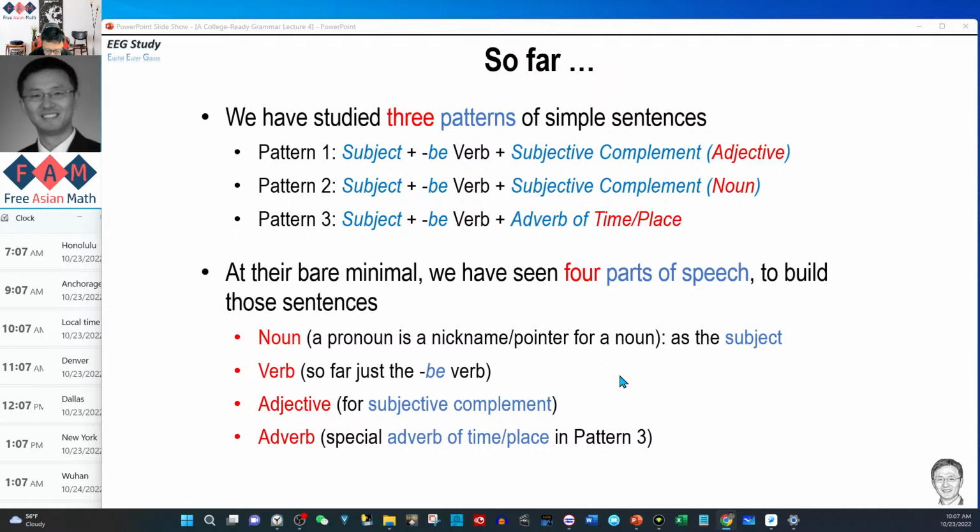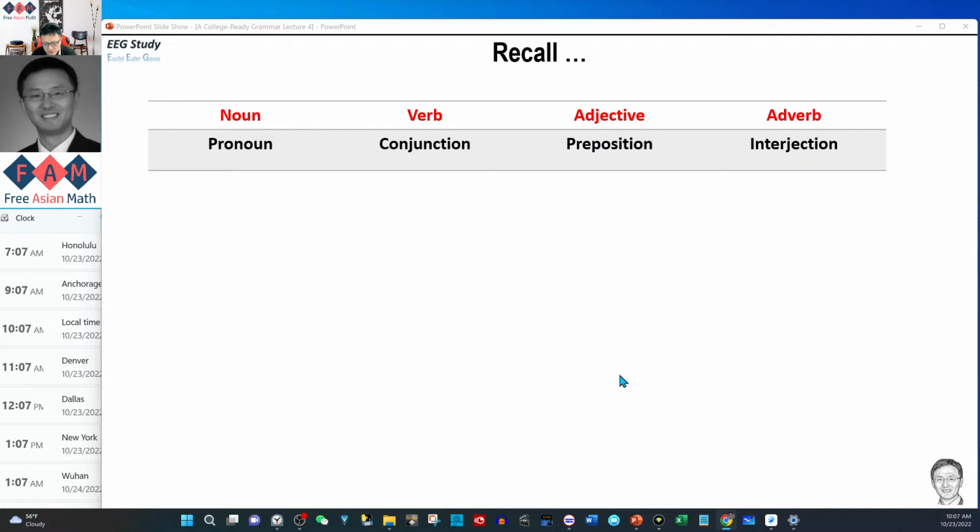This really tells us why those 4 parts of speech are so important. Even at the bare minimum, we are looking at the most basic English sentences, and we need them.